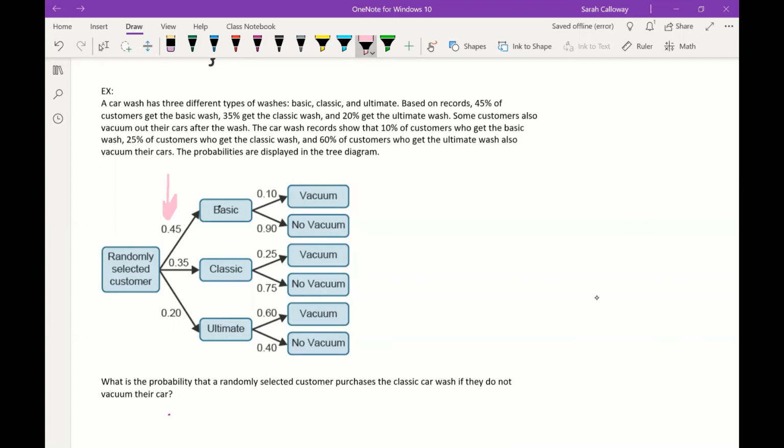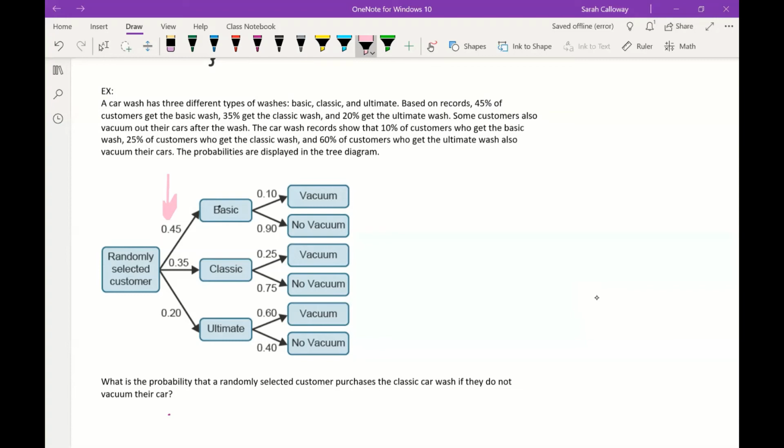And then after that, they're looking at who vacuums versus who doesn't vacuum. So after each wash, they give you the percentage of people that vacuumed, which are these top values. So 10% vacuum if they got the basic wash. So they subtracted that from 1 to get 90% for no vacuuming, and so on for the rest of the different types of car washes.